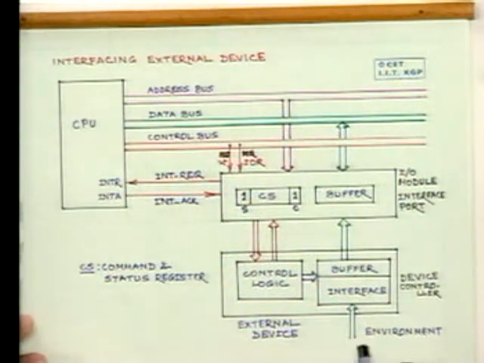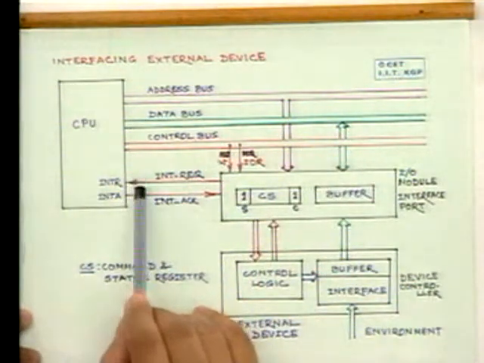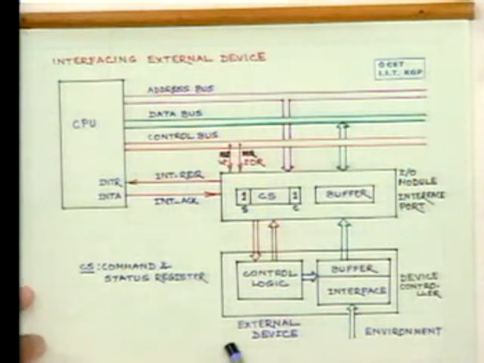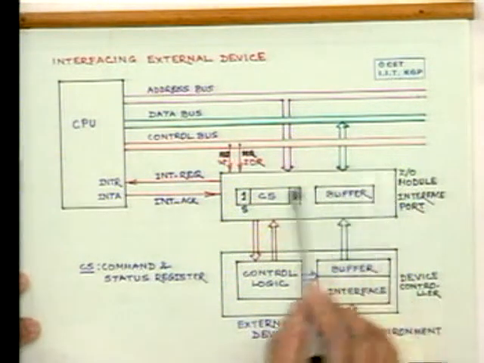Now, in the case of a keyboard, it is simple: you press a key and the data comes over here. But if this system has to act as a controller of, say, a machine, an oven, a chemical plant, a vehicle, or a nuclear plant, then the responses come from this environment through the sensors into the controller, and are transmitted to the I/O port buffer.